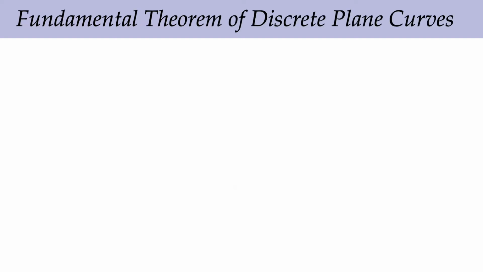One big reason why we introduced curvature in the first place is the fundamental theorem of curves, basically saying that a curve is essentially described by its curvature up to rigid transformations. And if we pick a particular definition of discrete curvature, we also get a fundamental theorem of discrete plane curves.